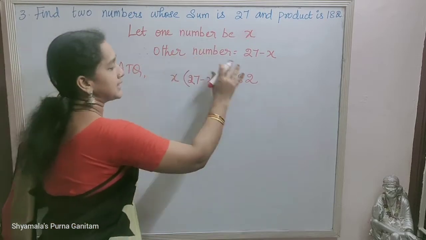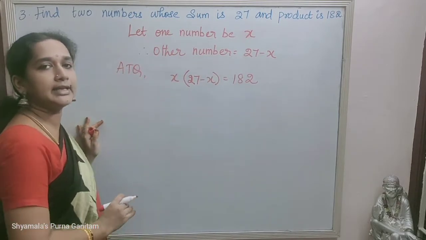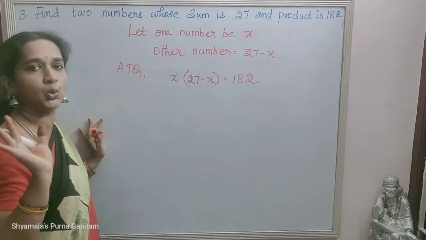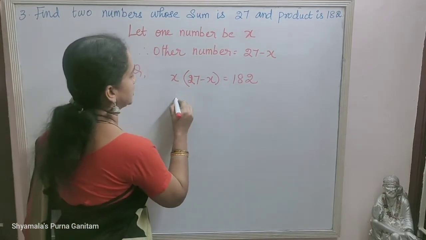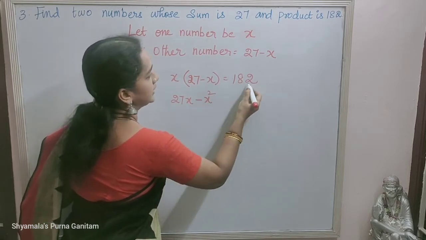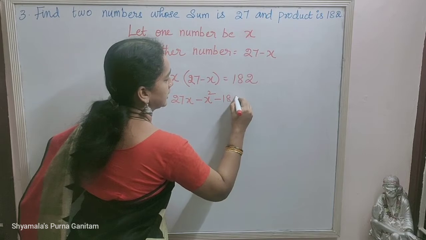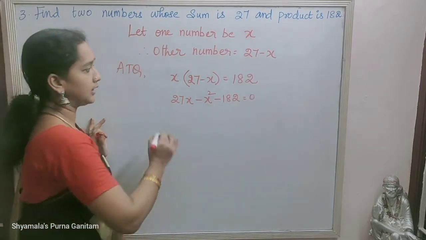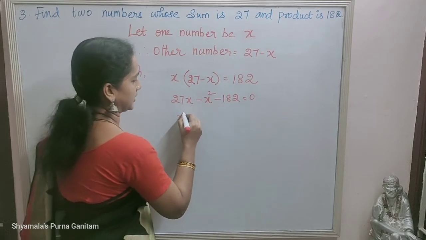Okay, now if we simplify this, we will get a quadratic equation, and after solving it, we will get two numbers. So this one is 27x minus x squared. When I bring this 182 here, that is minus 182, equal to 0. Now I will simplify this.